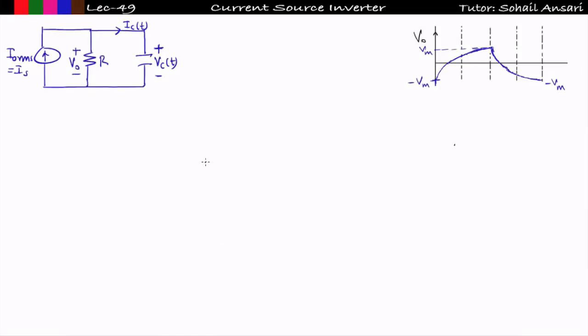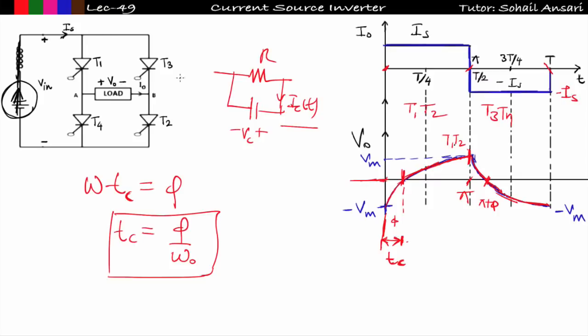So what I will do, I can replace this whole combination with one AC current source having value I naught equal to Is from 0 to pi, and from pi to 2 pi I naught equal to minus Is. So I naught RMS will be equal to Is only, that we saw in the previous lecture.